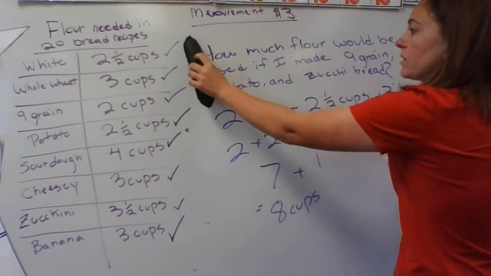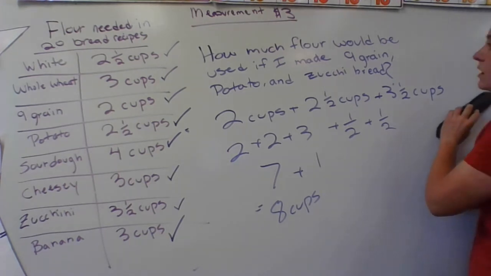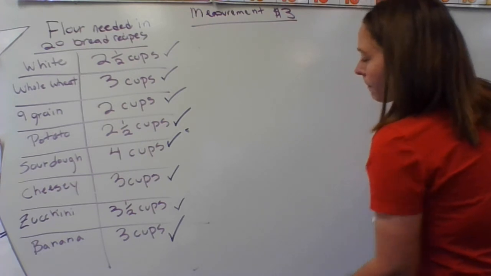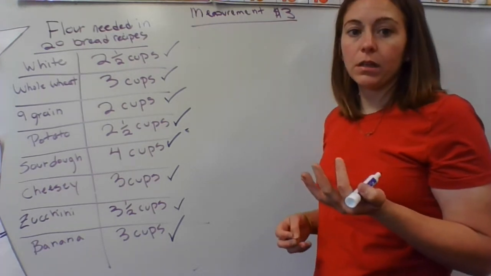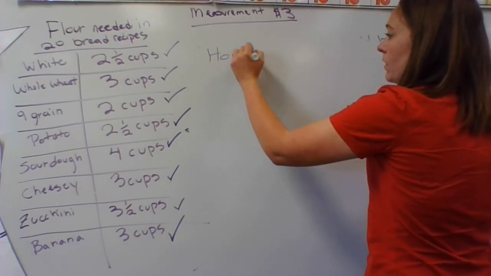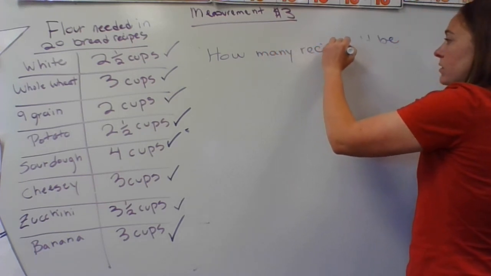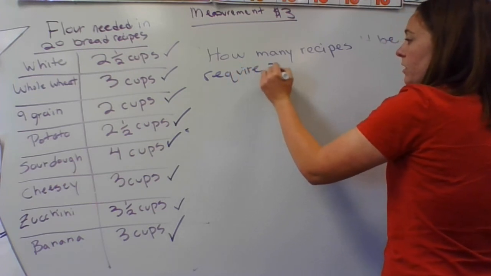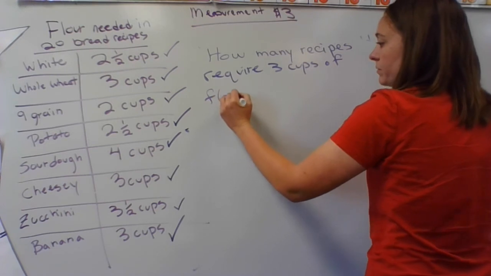Another type of question you could ask would be something like, how many types of bread require 3 cups of flour? So I would write how many recipes require 3 cups of flour.